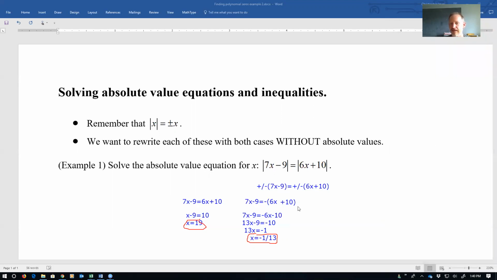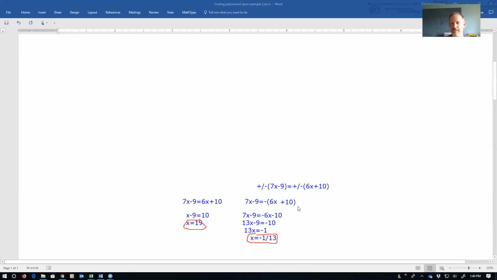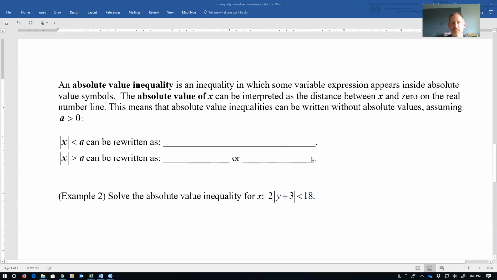Now let's take a look at an inequality. With absolute value inequalities, we can think of this as a distance between x and 0 on the real number line. So we can actually think about this as a distance. When we're thinking about this, this says the distance between x and 0 on the number line is less than a.